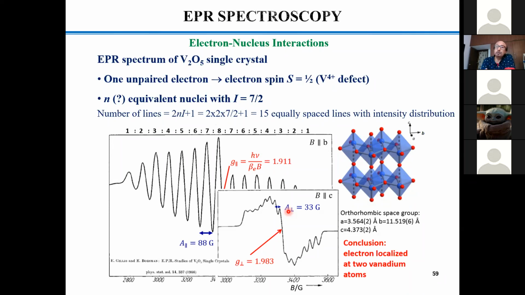So if today you have one standard vanadium(IV) oxo system with a spectral profile like this, and the g values and A values are such and such. Now tomorrow somebody somewhere in the world gets one unknown compound and checks the EPR, and they know it's a vanadium, and they see that the EPR profile is like this and the g values, A values are like this.